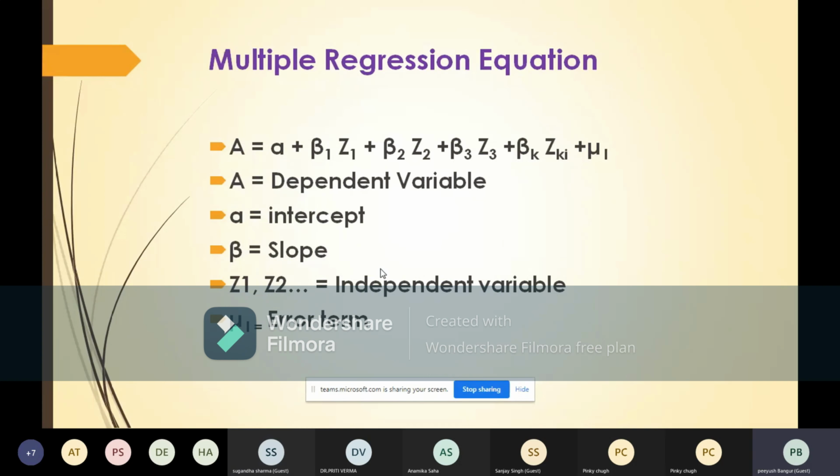You have to keep one alpha, one error term, and the slope of each and every independent variable will come in front of you when you apply it in any software.